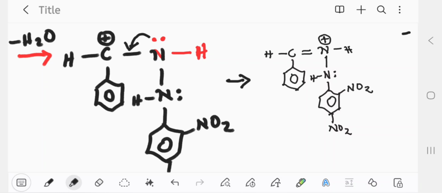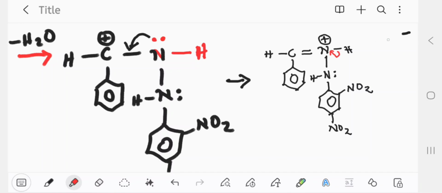If you look closely, we really don't need the positive charge. We need to stabilize it. Remember, that is why we need the water, right? The only way it can stabilize it is that nitrogen is going to withdraw the electrons, forming a bond to hydrogen to itself.